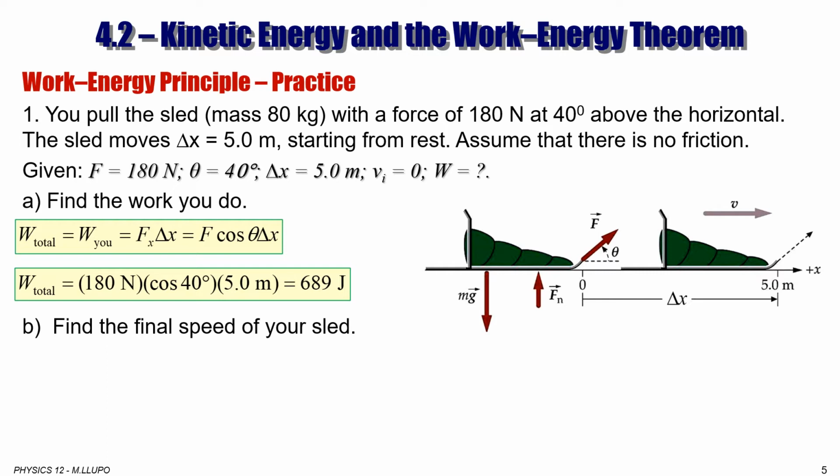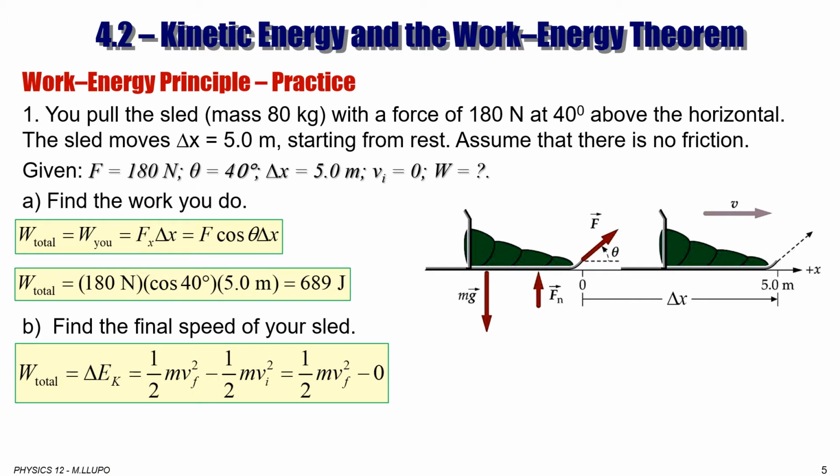Next one is find the final speed of your sled. You know the formula that I mentioned, work total is change in kinetic energy, is equal to half of m v final square minus half of m v initial square. So that total work that we just calculated at A, now we have no choice but to use it. So we know that V initial is 0. That makes the whole component 0.